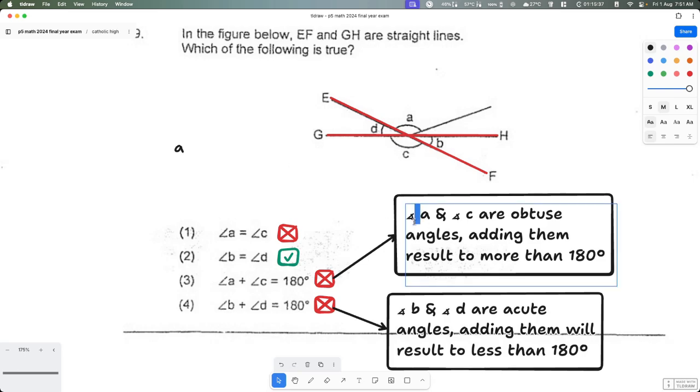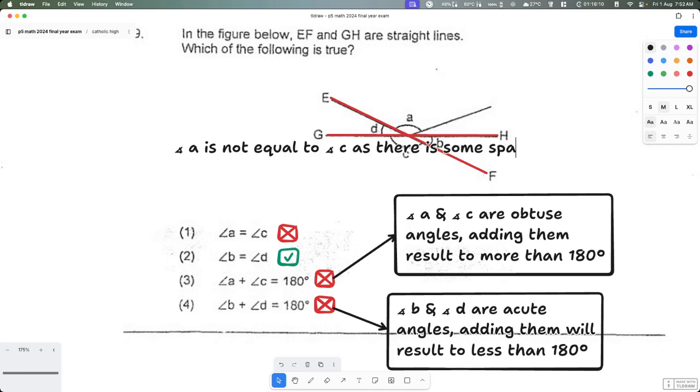angle A is not equal to angle C, as there is some space left.